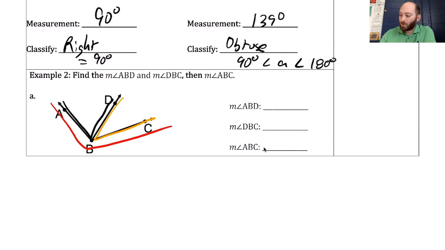For our purposes, I'm going to give you some sample numbers that I've seen in the past. Angle ABD, a lot of people come out to right about 74 degrees. DBC comes out as 40 degrees, and then ABC comes out as 114 degrees.